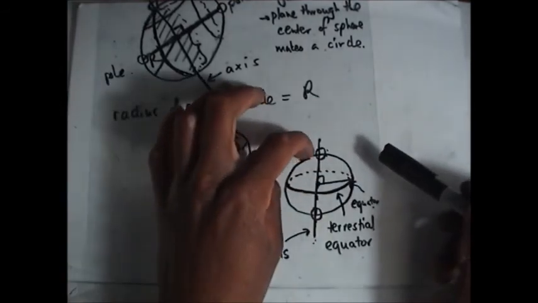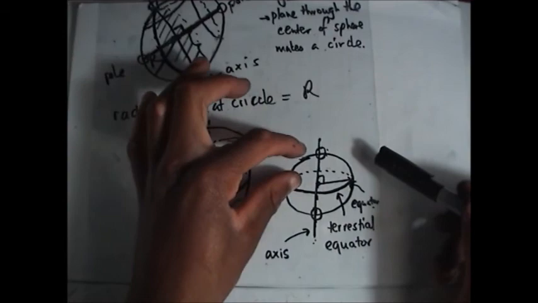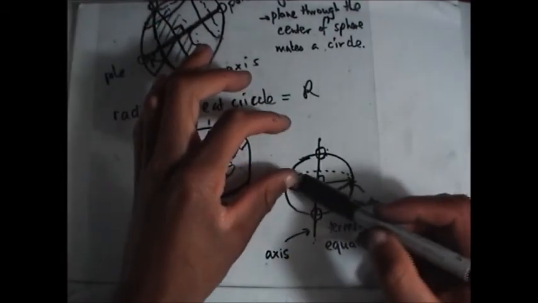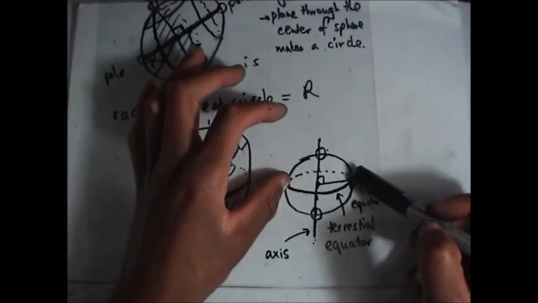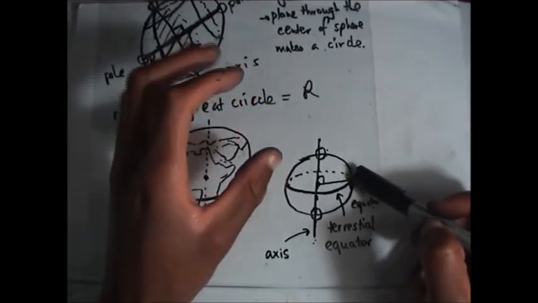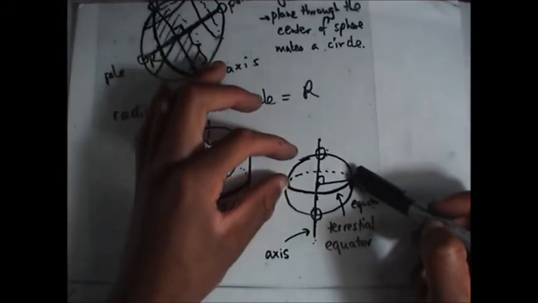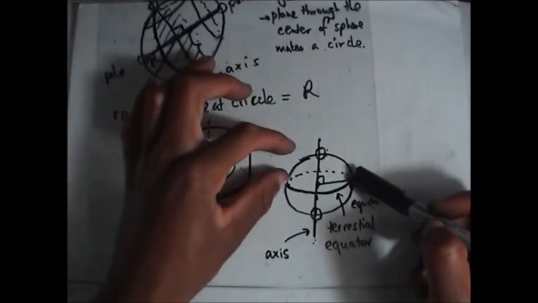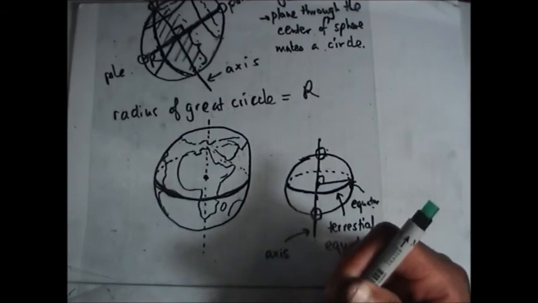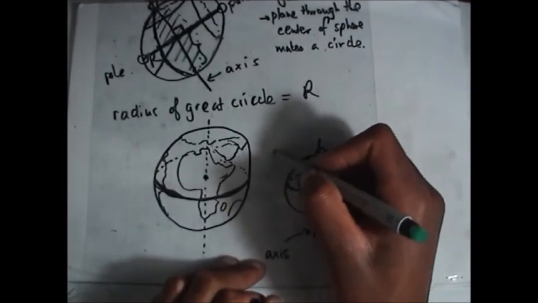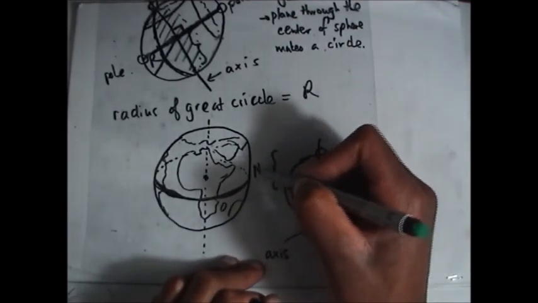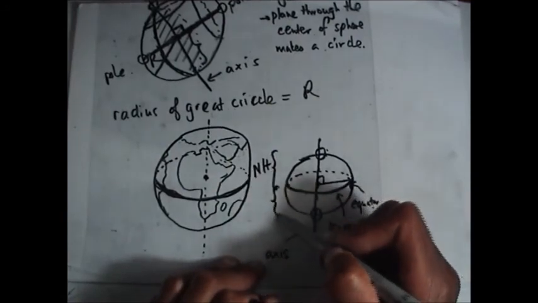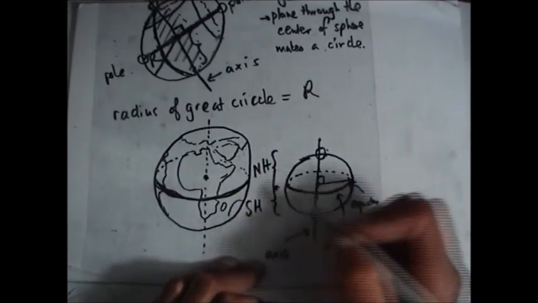Before I even say the northern hemisphere, the equator cuts our Earth into 2 hemispheres. A hemisphere is half a sphere. So there's going to be this top part and this bottom part. The top part is called the northern hemisphere, and this bottom part here is called the southern hemisphere.